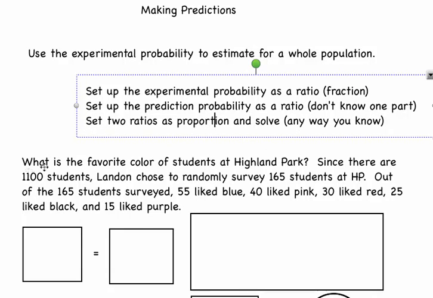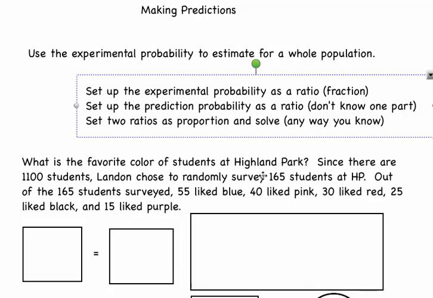Let's do an example. What is the favorite color of students at Highland Park? Since there are 1,100 students, Landon chooses to randomly survey 165 students at Highland Park. Out of the 165 students surveyed, 55 liked blue, 40 liked pink, 30 liked red, 25 liked black, and 15 liked purple. In this situation, it gives us the total number of students surveyed.